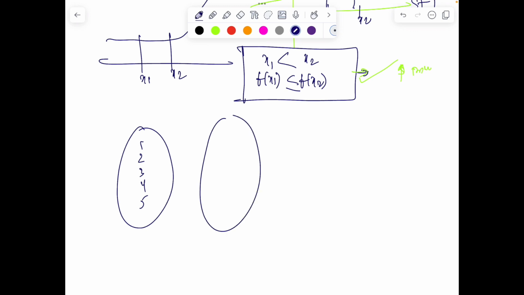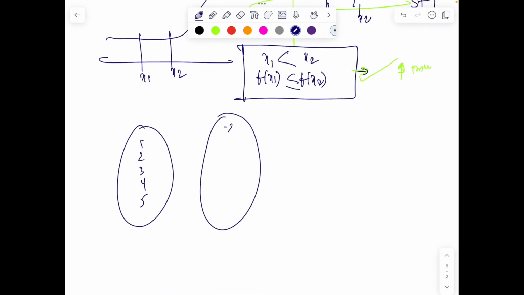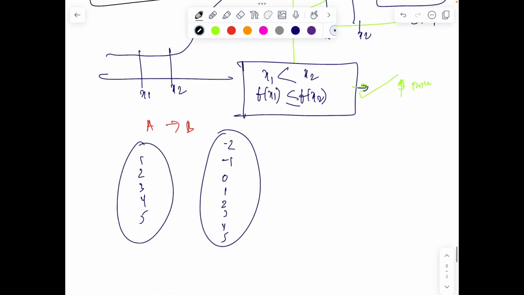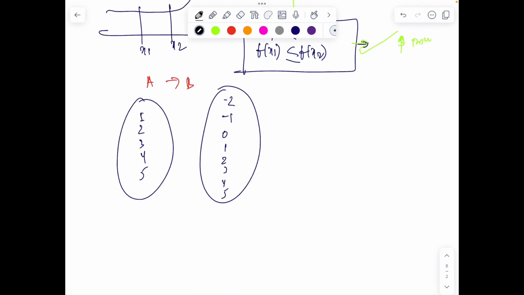Okay, so first thing first, we have set A containing 5 objects and set B containing minus 2, minus 1, 0, 1, 2, 3, 4, 5. So how many strictly increasing functions are there? So of course, for a strictly increasing function, we want that if 2 inputs are different, the 2 outputs are also different.